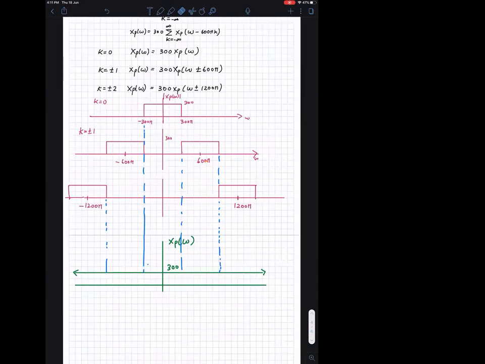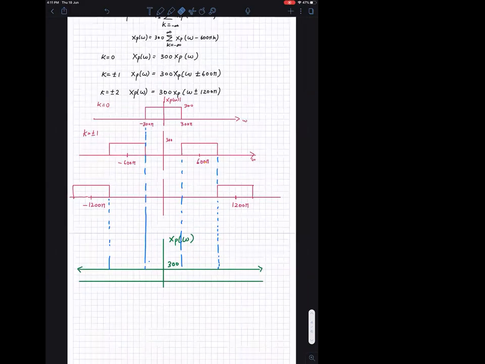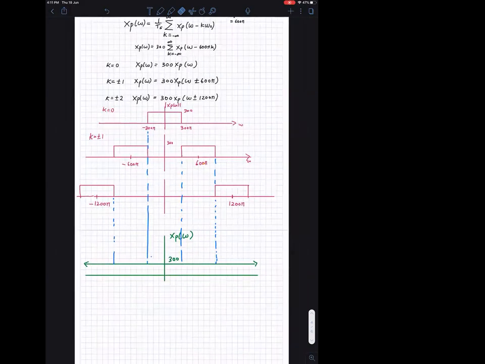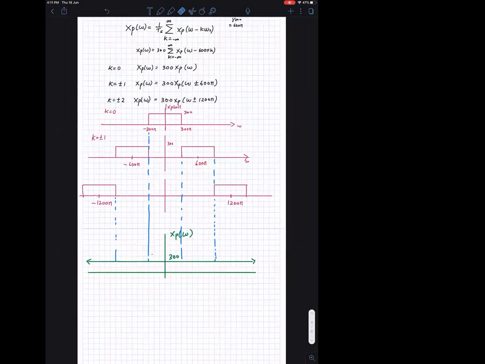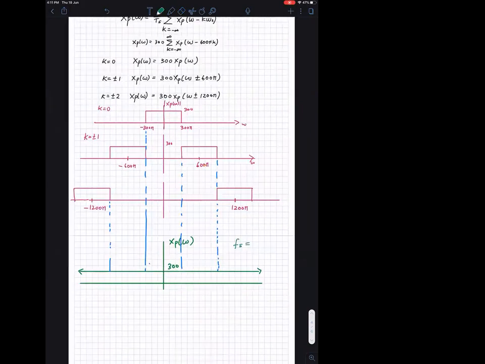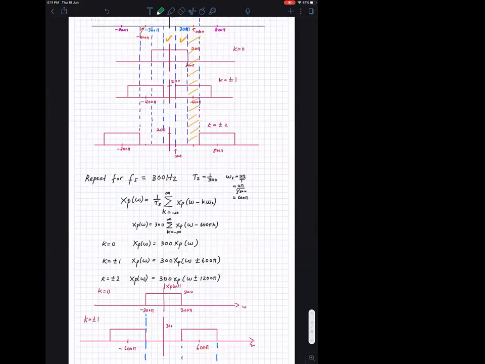Any question on this? Amplitude spectrum when Fs is, what was Fs? Fs is 300 hertz.